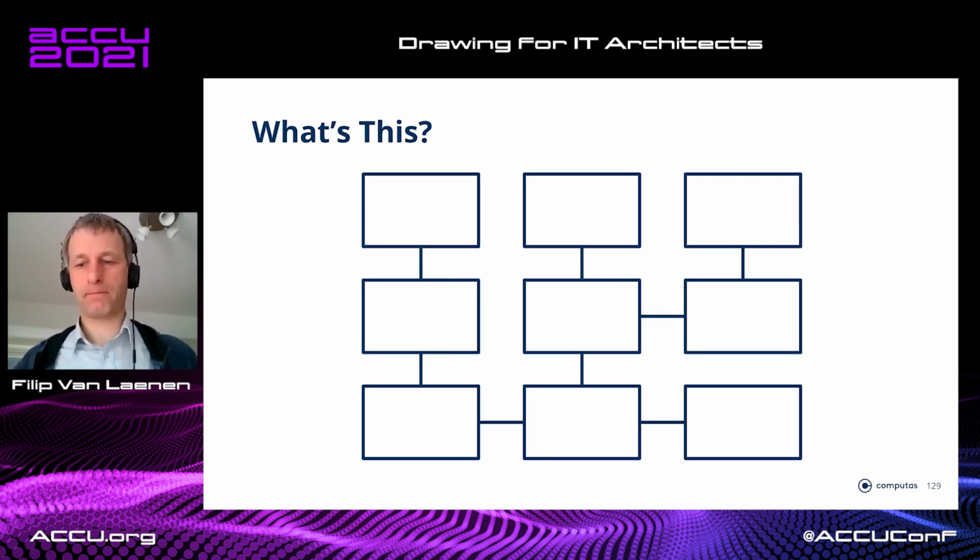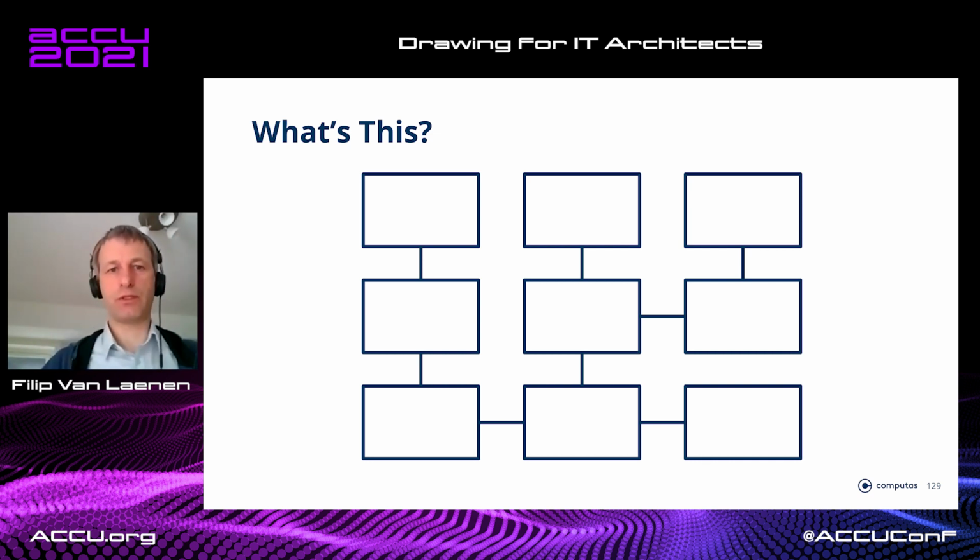That's disturbing. Now, if you look at this drawing, these are 9 rectangles connected to each other, but it's hard to read what the structure is, what the connections and relationships are between these rectangles.